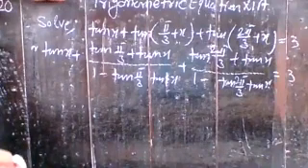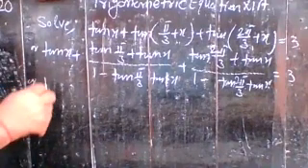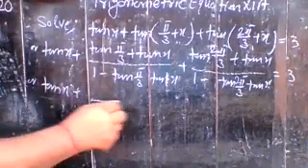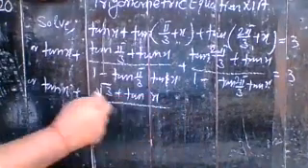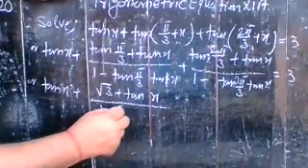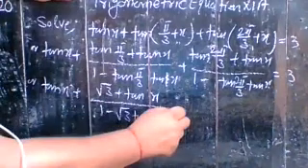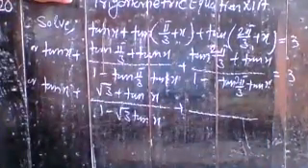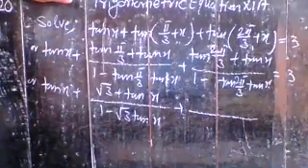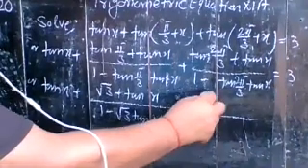Now, tan x plus the value of tan(π/3), which is root 3. So root 3 plus tan x, and here you have 1 minus root 3 tan x. And tan(2π/3) is lying in the second quadrant, so you can write it as minus root 3.